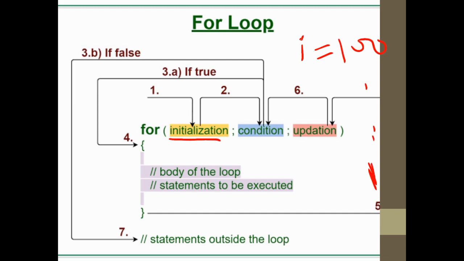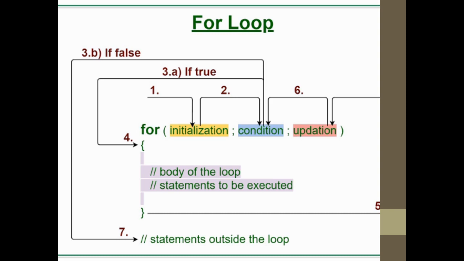I will also tell you how you will go to 1. But the first part is i = 100, the statement for initializing your variable. So initialization is nothing but a statement in which you give the value to your variable from which you want to execute your loop.